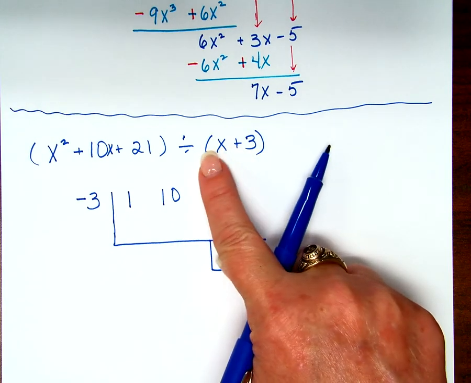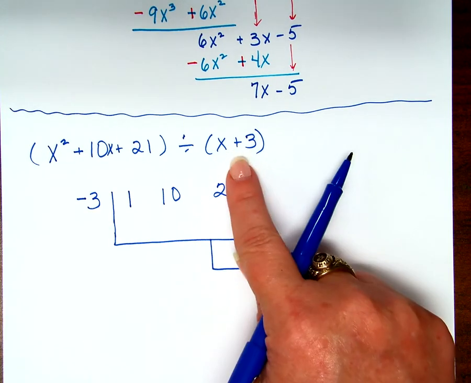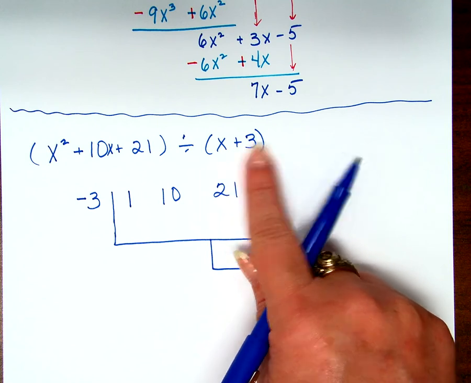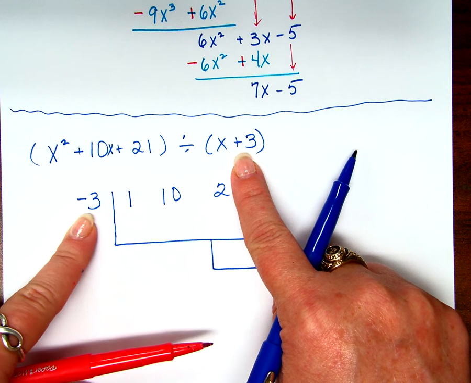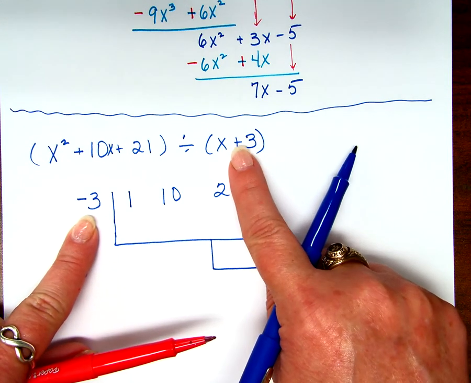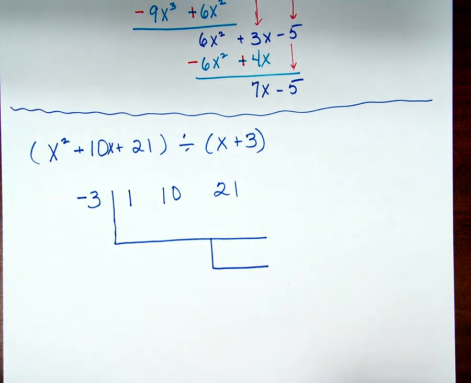Because if this said 2x plus 3, can I just put negative 3 out here? No, I would definitely have to set it equal to 0 and solve it and get 2x equals negative 3 and divide both sides by 2 to get negative 3 over 2, right? So I don't mind you thinking of it as the opposite as long as you realize it's because we set it equal to 0 and solved it to get negative 3. You okay with that? Okay.